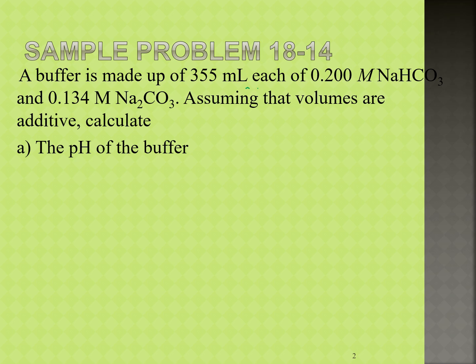It's sometimes hard for us to spot this, but in this case, this is going to be our weak acid, and this is going to be the weak base in our buffer. They both have sodiums that are going to be spectator ions, and so the things that are left over are going to be our acid and base. First off, it wants us to calculate the pH of our buffer.